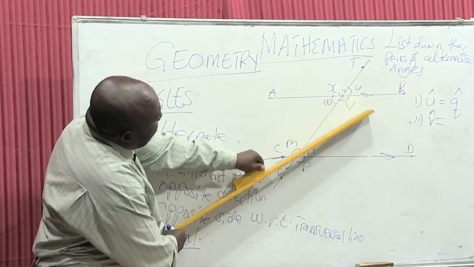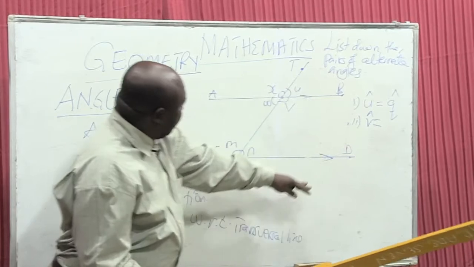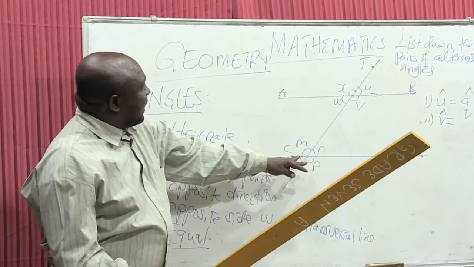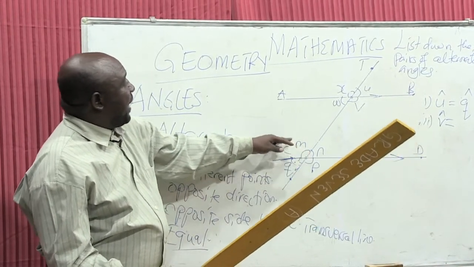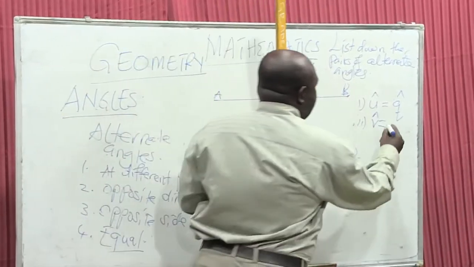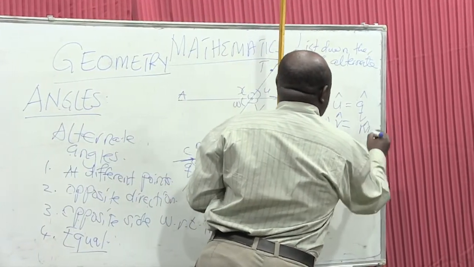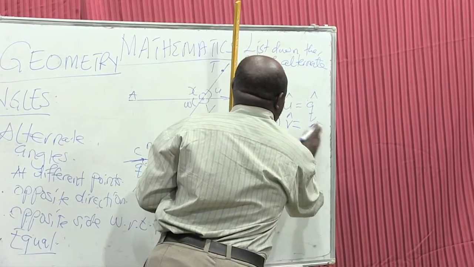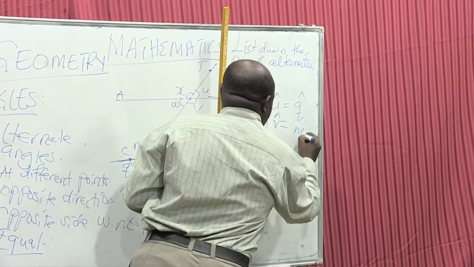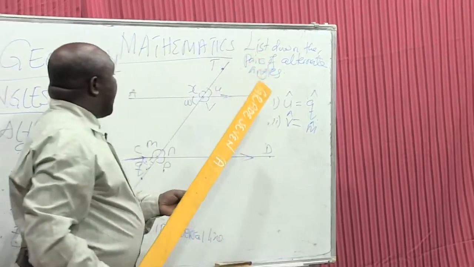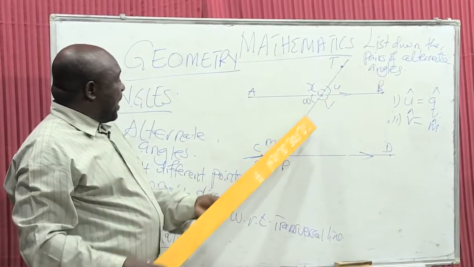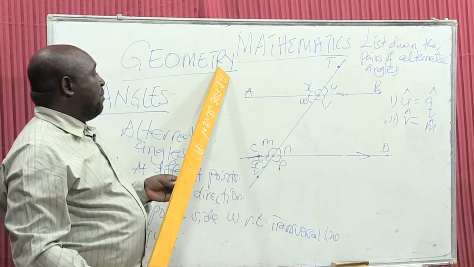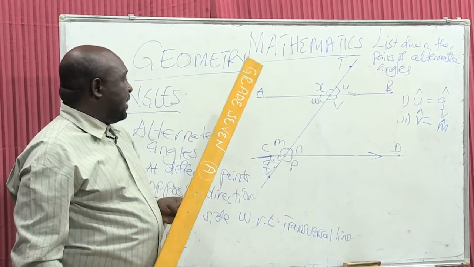Look, it's looking in this direction. Is alternating to angle M. So angle V and angle M, they are alternate angles.